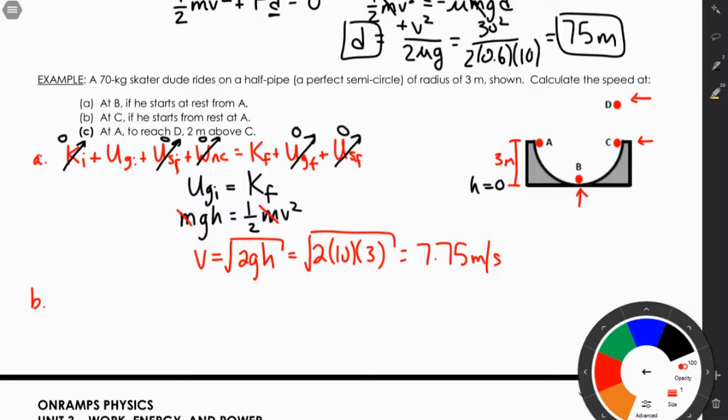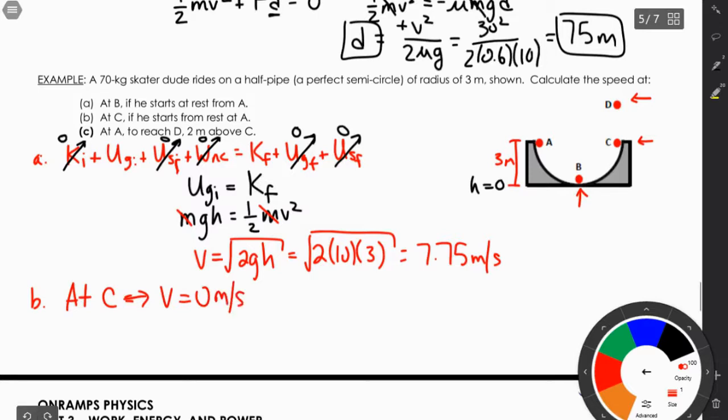So the only thing you have left over would be 0 on the left-hand side equals 1/2 MV squared. Well, how do you produce 0 energy with a speed? Well, there would be no speed at point C. So at C, the V would be 0 meters per second.